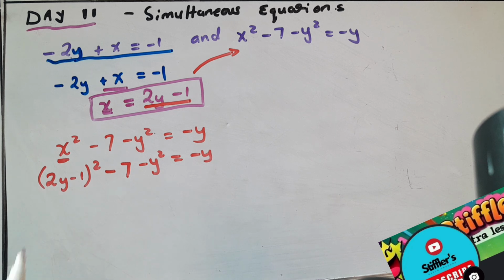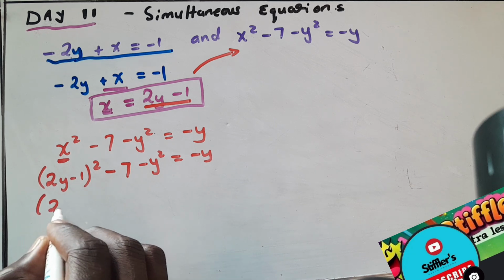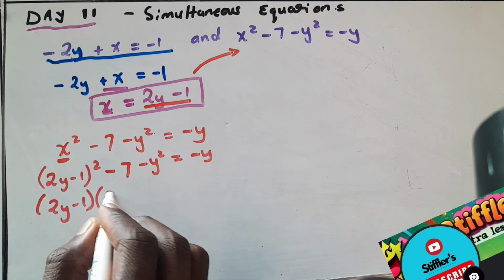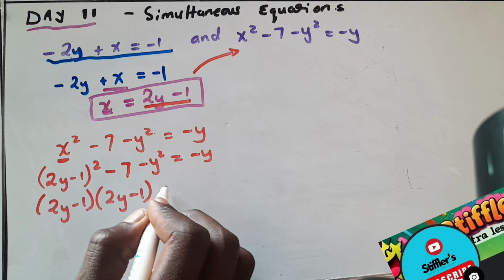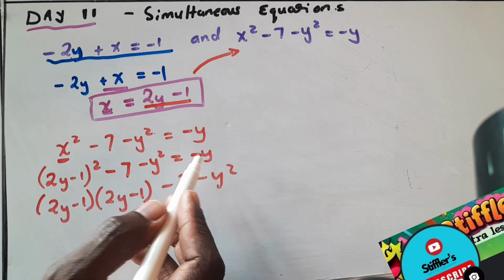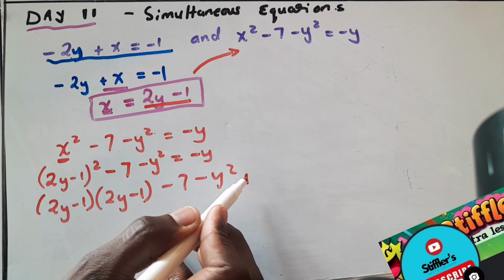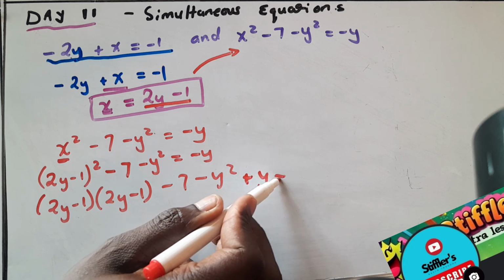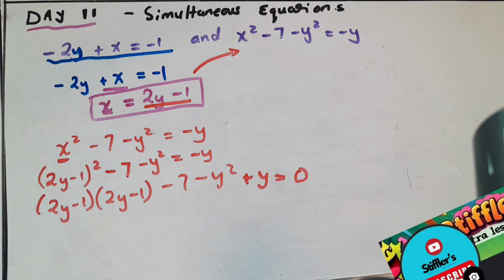Where there's a bracket with a square, we put two brackets. So this becomes 2y minus 1, 2y minus 1, minus 7, minus y squared, and we can bring our y to this side, so positive y, equal to 0, like that.